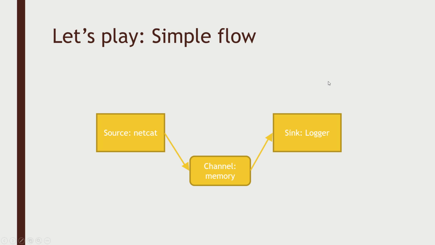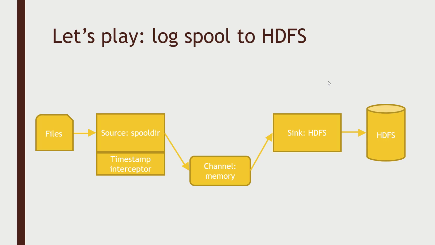After that, we'll do something a little bit more interesting, where we'll actually spool some log files, a real log file. We'll set up a spooldir source, which just monitors a directory for new files that are dropped into it, and we'll drop a log file into it to watch it actually work. We're going to bolt on a timestamp interceptor to insert a header on that data that has the current time of when that data was dropped in.